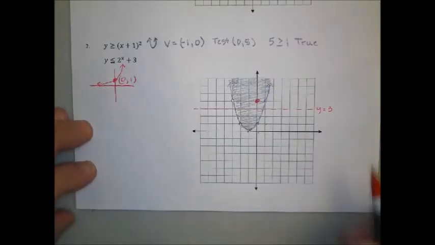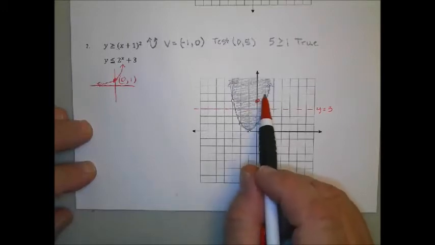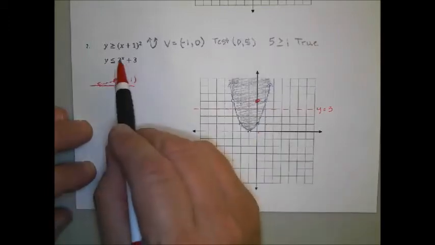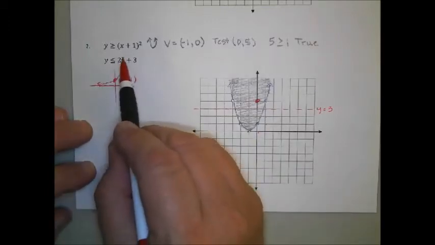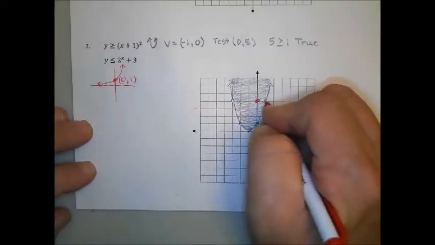Now, the next point, since this is a 2, you could plug in x equals 1 if you want to figure out where is the next red point on this graph. So plug in x equals 1. 2 to the first power is 2 plus 3 is 5. So 1, 5. 1, 1, 2, 3, 4, 5. It's right here.